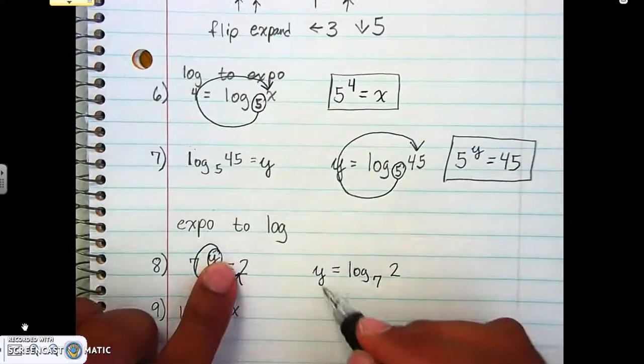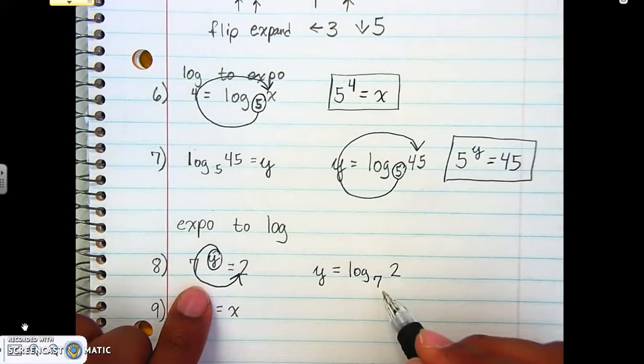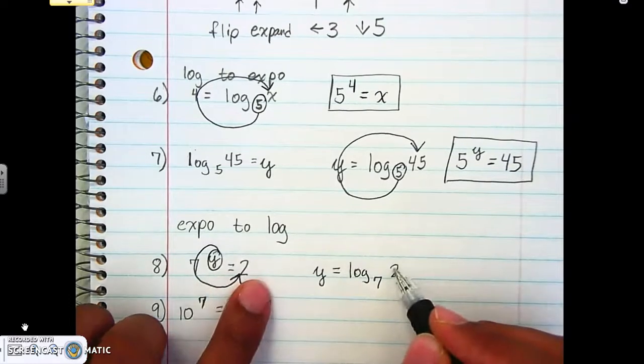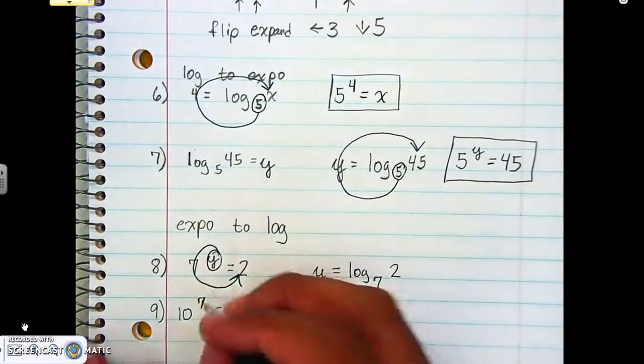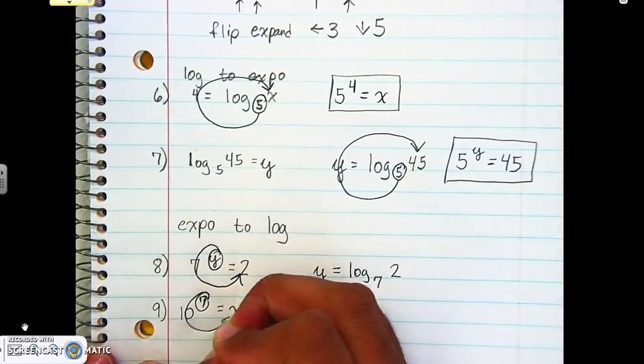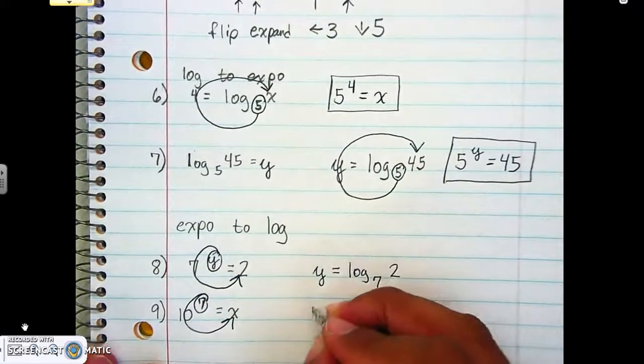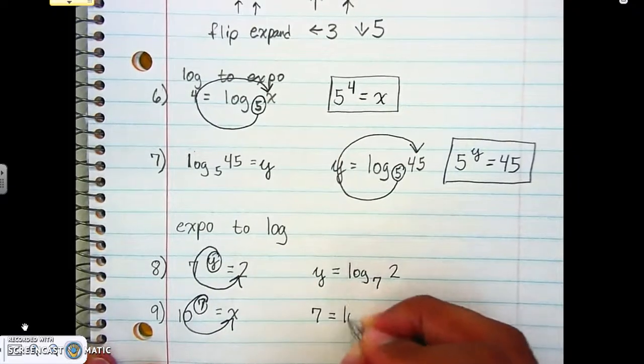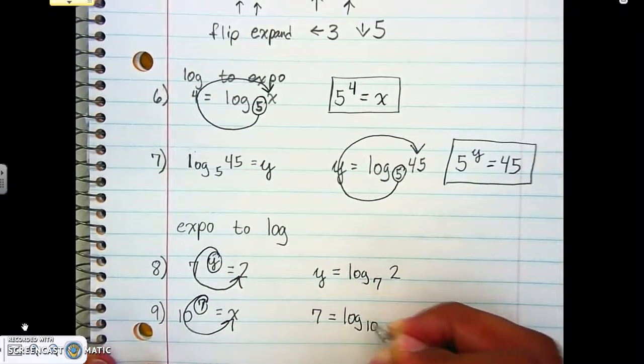We wrote the y first, then log, the 7's the base, and then 2. So same thing happens here. Start with the 7 and bring it around town. So it's 7 equals log, base 10 there, x.